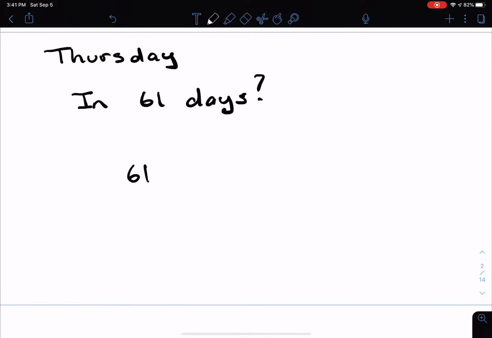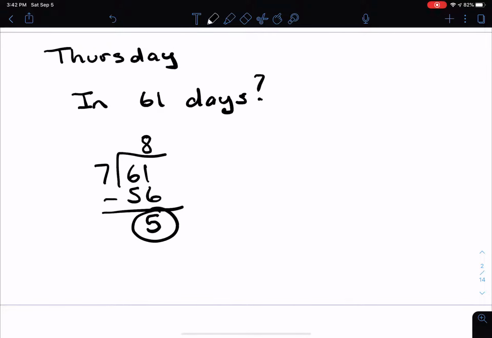We can say 61 divided by 7. 7 times 8 is 56. So we know in 8 weeks from now, it'll be Thursday still, but it won't quite be 61 days yet. Let's see how far past that we go. Subtract. The remainder is 5. So we're interested in the remainder of 5.